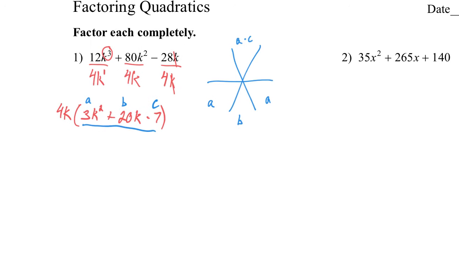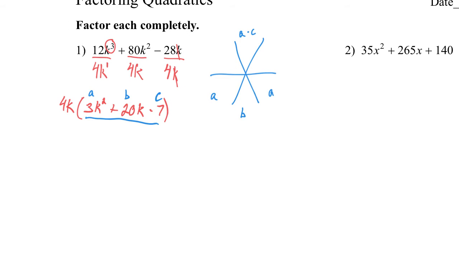So I'm going to put these numbers in here. A times C is going to be 3 times negative 7, which gives me negative 21. And then the B number is 20, so that goes in the bottom. And then the A number is 3, so that goes on the sides. Now, what you're looking for are 2 numbers that multiply to get the top and add to get the bottom.